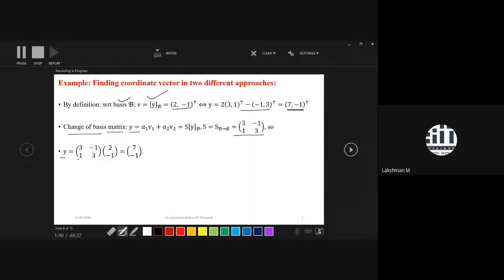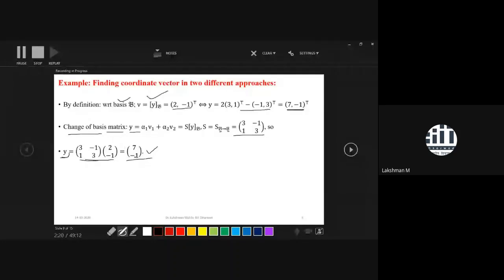So y would be this matrix multiplied by the coordinate of y with respect to the non-standard basis B. If you multiply, you get your desired vector y having coordinate 7 and -1.